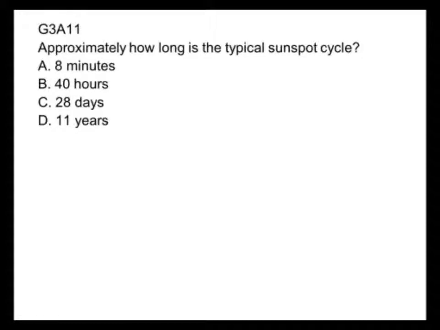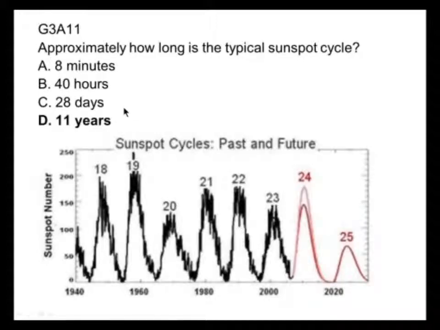Approximately how long is a typical sunspot cycle? The test answer is 11 years. You can see them here charted out. Here was a peak. Here's another peak in approximately 70 or 71. Here's another peak in about 1980. They varied from 9 years to 13 years, but we typically talk about them being 11 years.